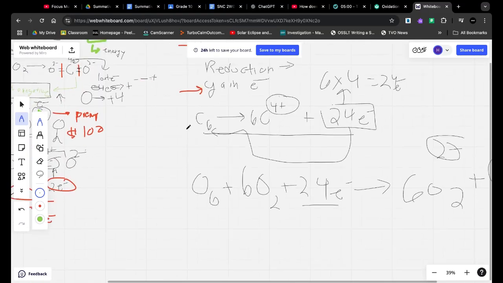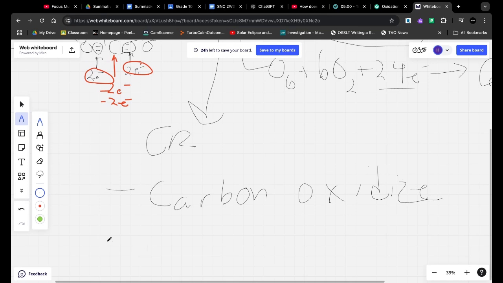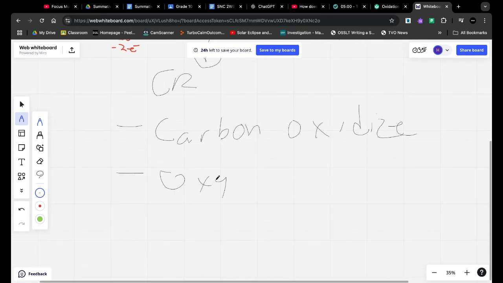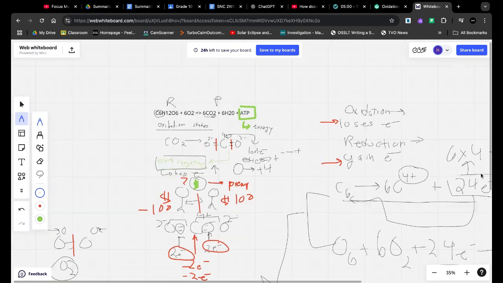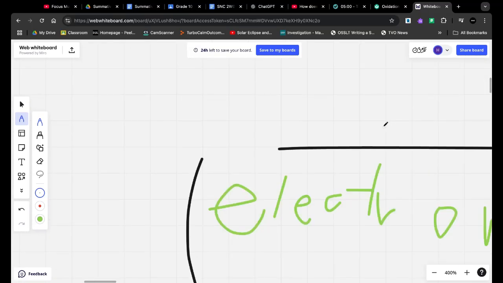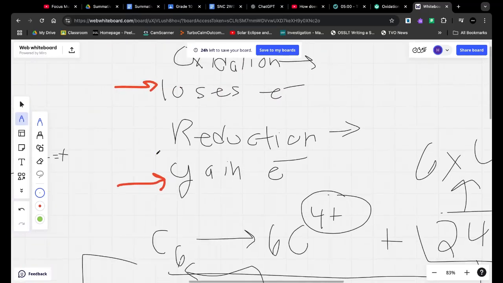To conclude, in your cellular respiration you have your carbon atoms oxidizing, and you have your oxygen atoms being reduced. This all has to do with hypotheticals, and it all goes back to oxidation states and the hypothetical charge associated with each of these things.